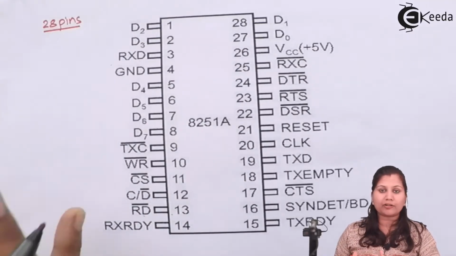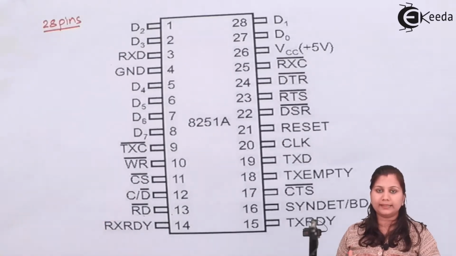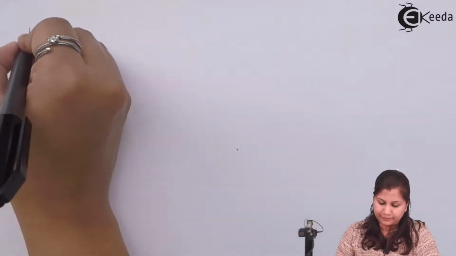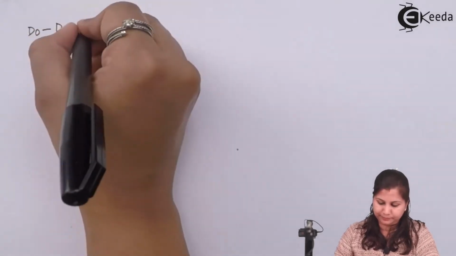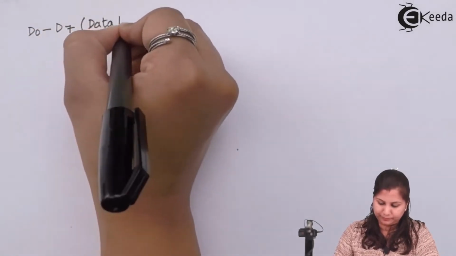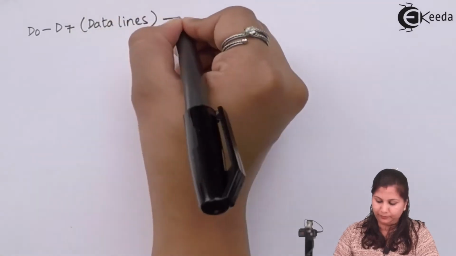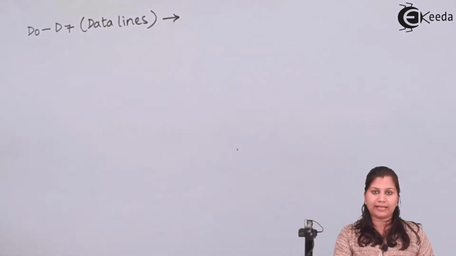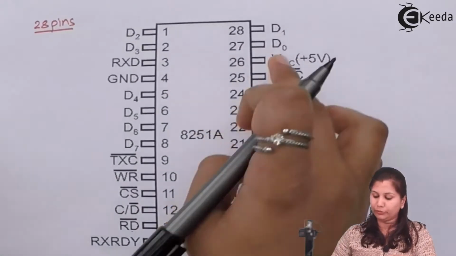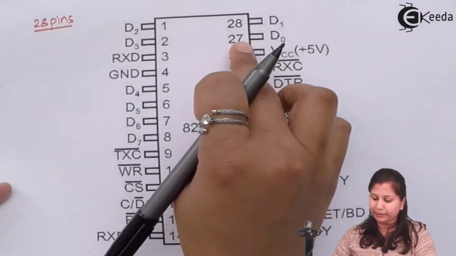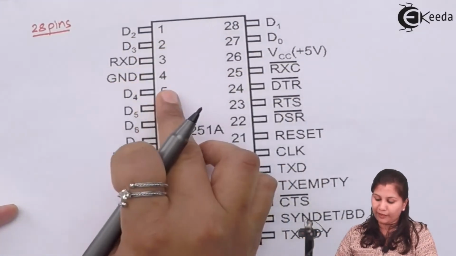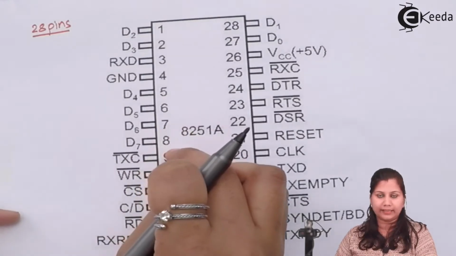Let us study the function of all these pins in detail. First we will start with the data bus. In the 8251 IC, we have 8 data lines from D0 to D7 present at pin numbers 27, 28, 1, 2, 5, 6, 7 and 8.